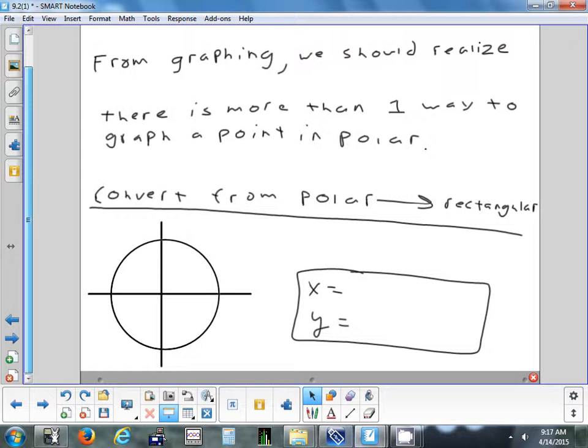So next thing we're going to do is look at how we change polar to rectangular. Let's say we have this point. If it's in polar, what are the 2 things I know about this point? You know the distance from the center and the angle.